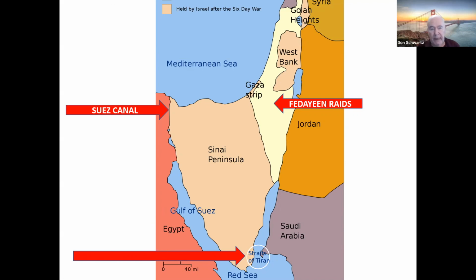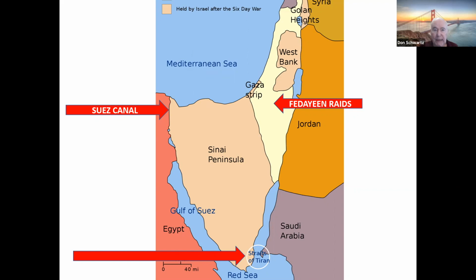Now, the Suez Canal is an international waterway located inside Egypt, but it was owned by British and French shareholders. And when Nasser nationalized the canal, he intended to keep the tolls for Egypt so that Egypt could build the Aswan Dam.